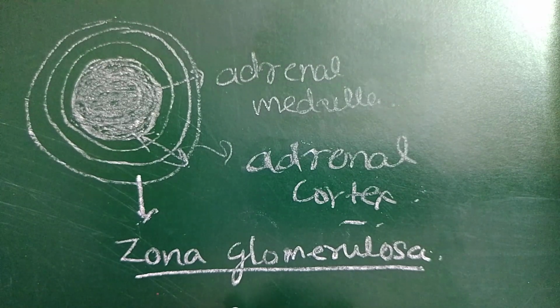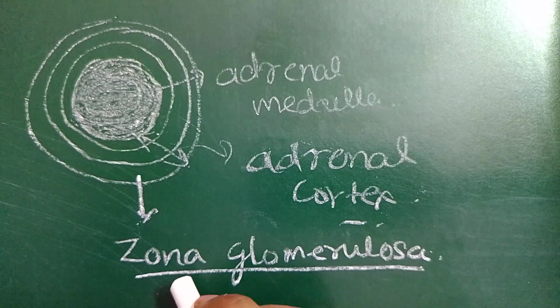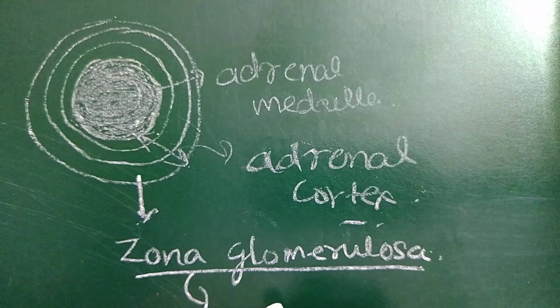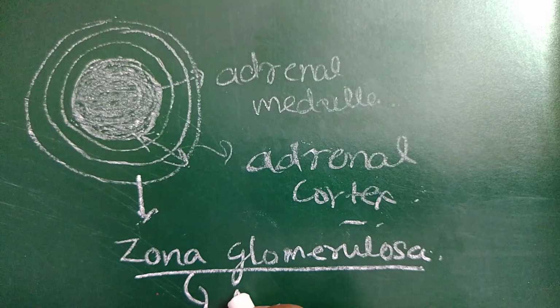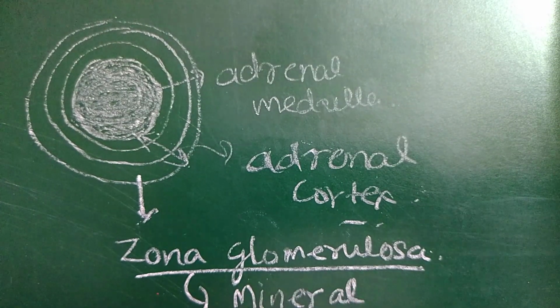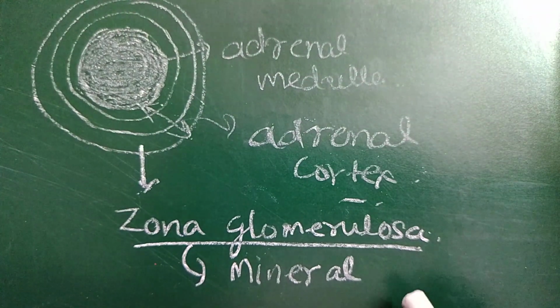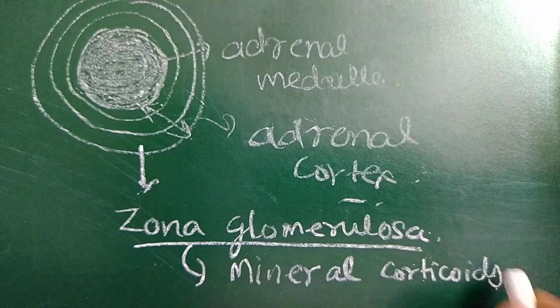This secretes mineralocorticoids like aldosterone. Zona glomerulosa secretes mineralocorticoids.